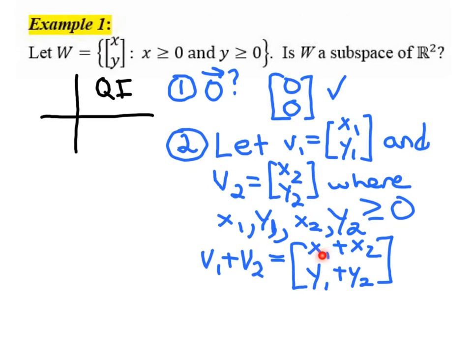The answer is yes. If we take a number that's greater than or equal to 0, add another number that's greater than or equal to 0, that sum would definitely be greater than or equal to 0. Same in the y component here. So yes, condition 2, the subset here is closed under addition.